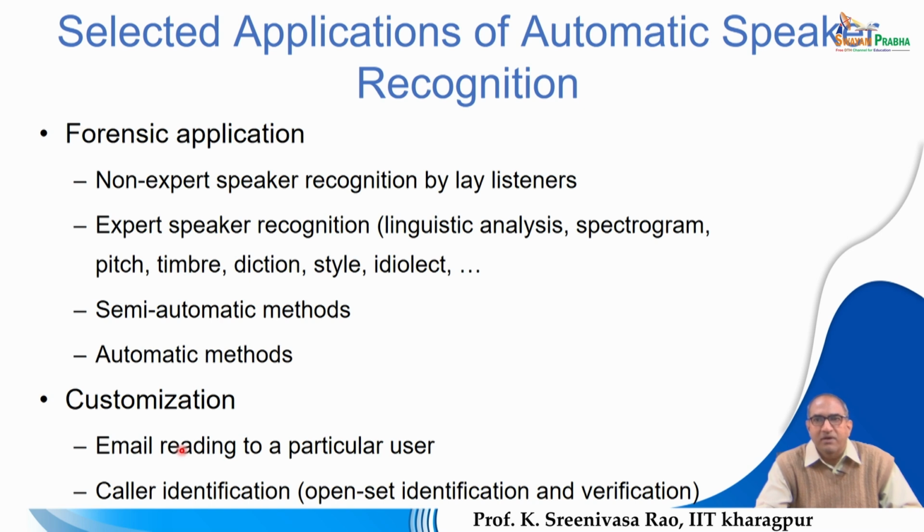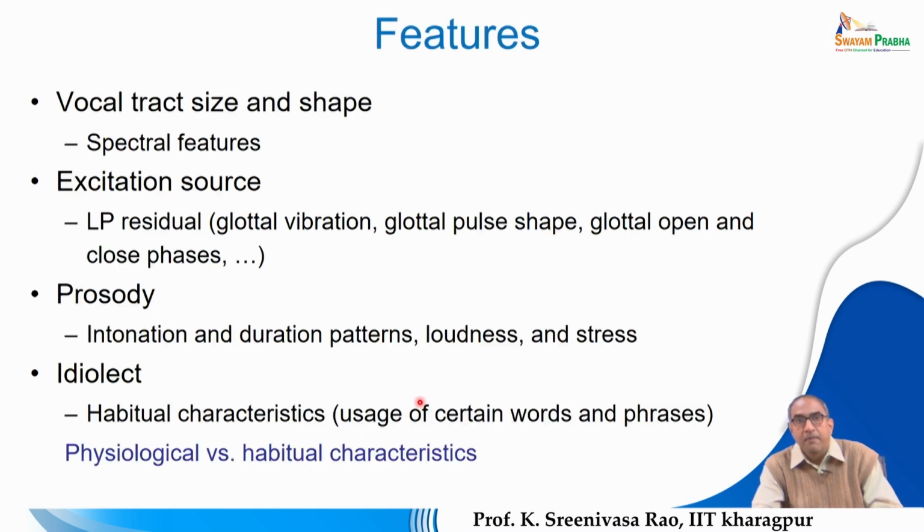There is an alternative where you can carry out the task without speaking. Similarly, there is email reading for a particular user. So this is an application where you can use speaker-specific characteristics, and with that you build a model. Similarly, caller identification, all these things you can customize to your personal environment.